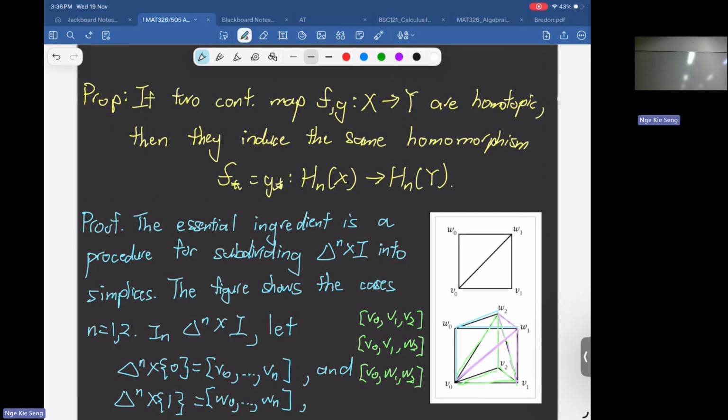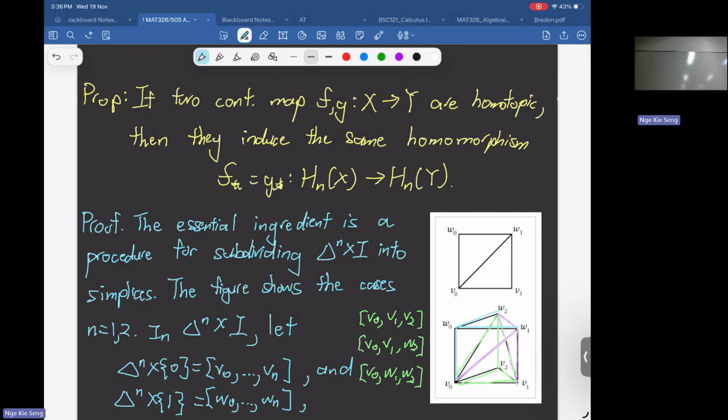Then cross I, this homotopy will give you a map from a one simplex out to Y. So this homotopy will start from the zero simplex in X and give you a map from a one simplex to Y. So it goes up a level, this homotopy.